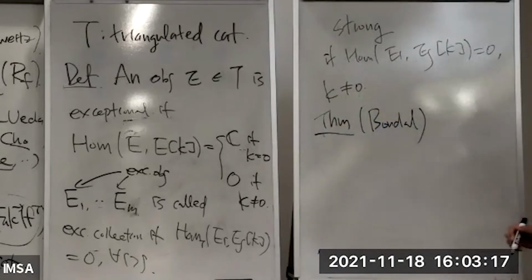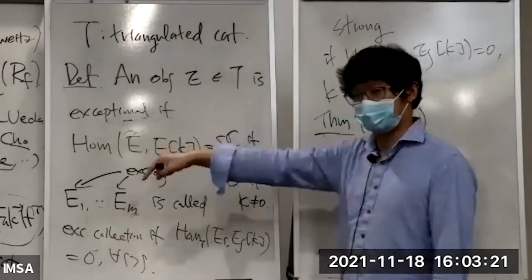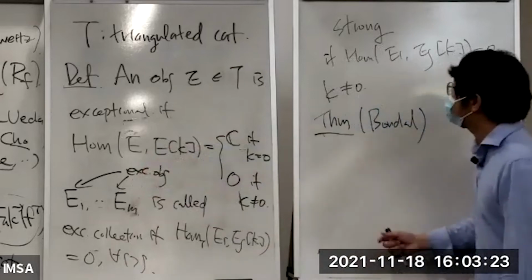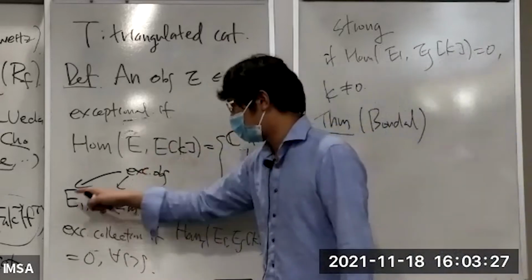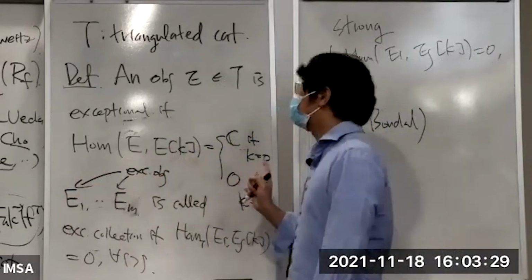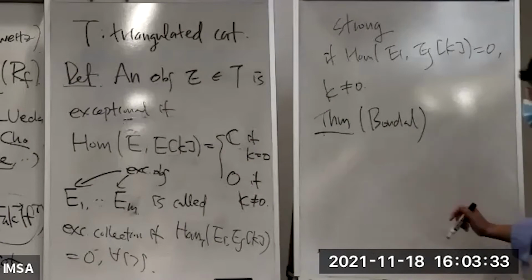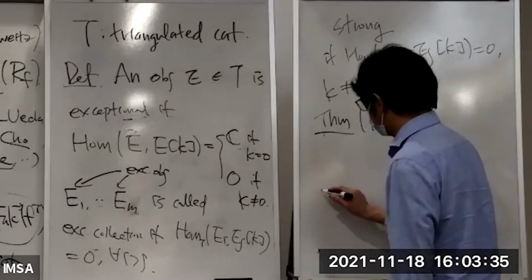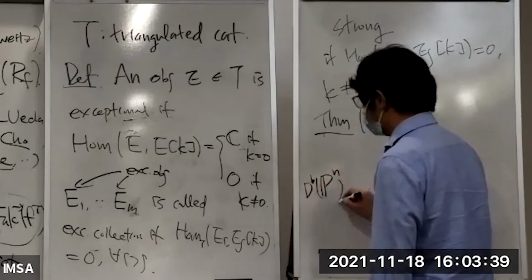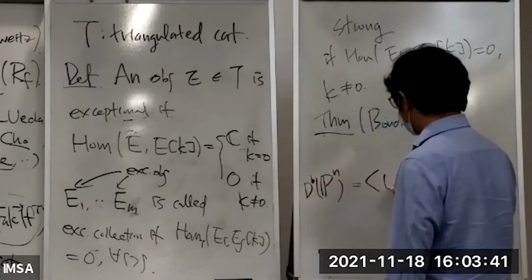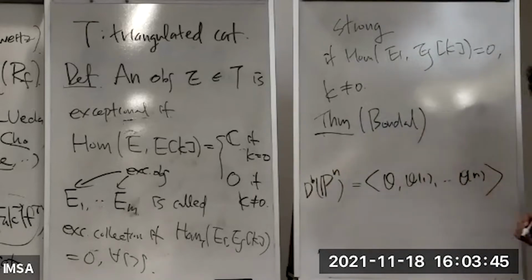Exceptional means there's no Hom from back to front. And strong means that there might be Hom from front to back, but if I shift, then there's no Hom. So for example, if I have K^n and O_1, this is the famous Beilinson sequence.